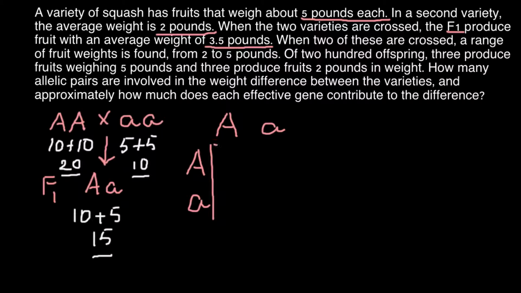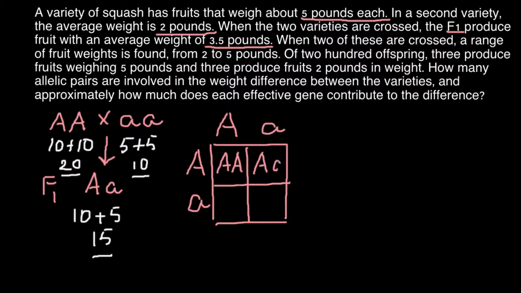So we cross the F1 generation among itself. And the distribution of the genotypes and phenotypes would be as follows. Capital A capital A here, capital A small a here, capital A small a here, and small a small a here.